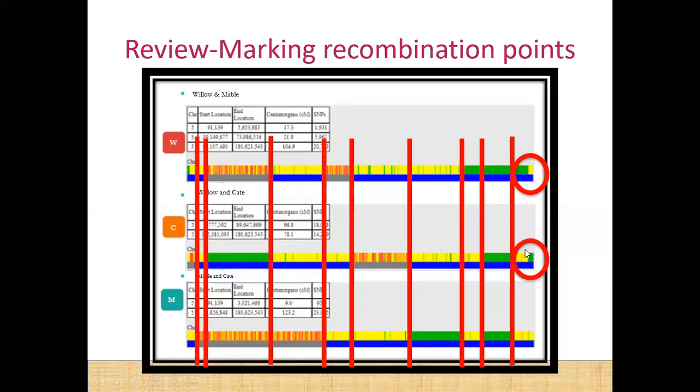And when we move down to the Willow and Kate comparison, we see a half identical segment, yellow on the top, blue on the bottom, transitioning to a fully identical segment, green on the top, blue on the bottom. And so now we have marked all recombination points in example C.